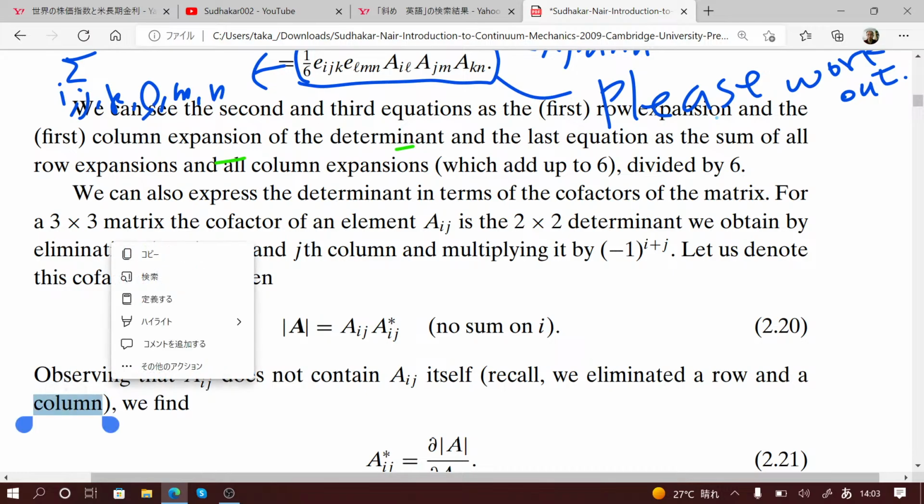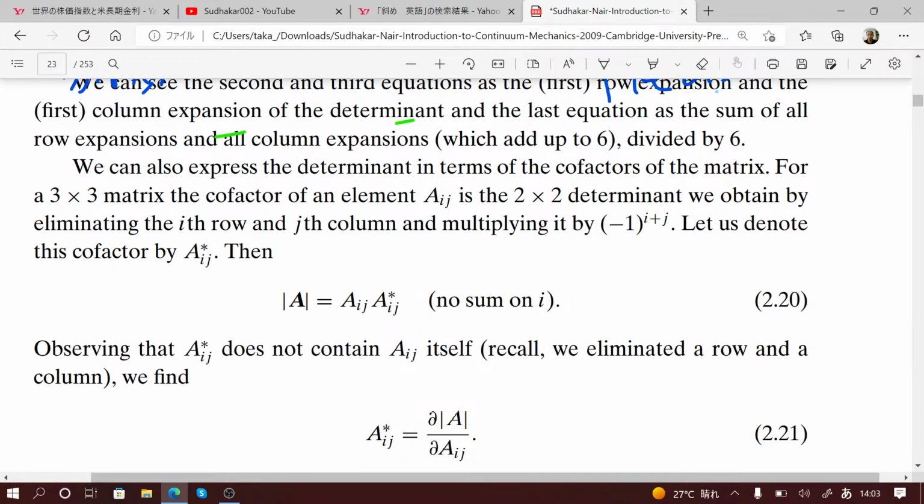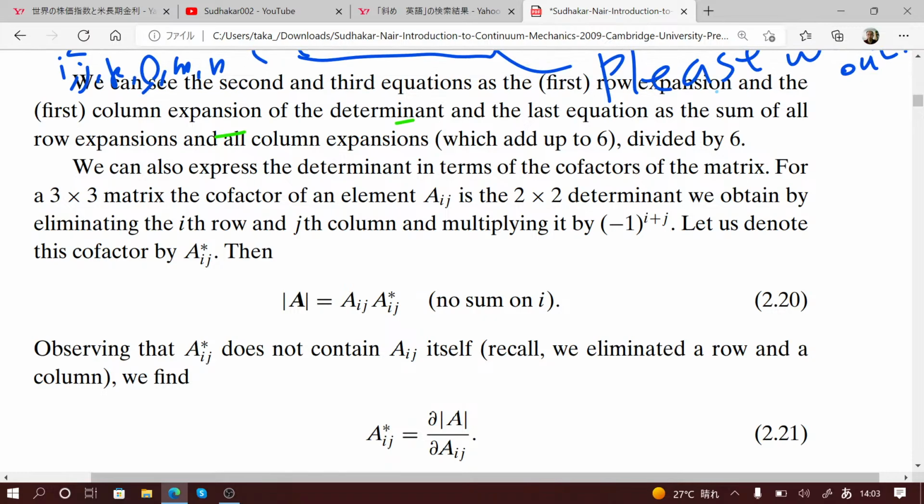For a 3 by 3 matrix, the cofactor of an element Aij is the 2 by 2 determinant we obtain by eliminating the ith row and jth column, and multiplying it by (-1) to the power i plus j. Let us denote this cofactor by Aij star.